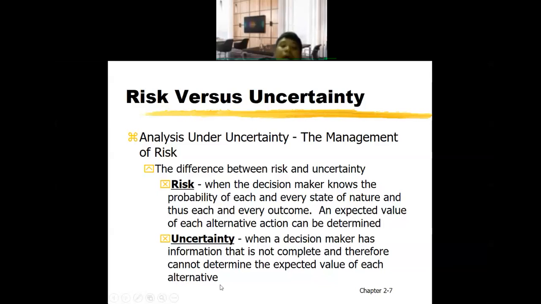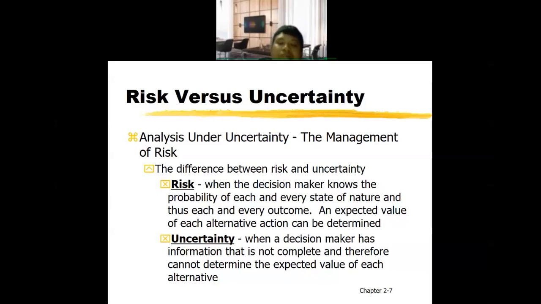You can define in your project proposal whether the project is risky or uncertain. If it is a risk, you have done analysis before, you have a probability, and you can make a suggestion, or an alternative suggestion, to get a better result. But with uncertainty, you lack information, so you cannot determine the expected value of each alternative.